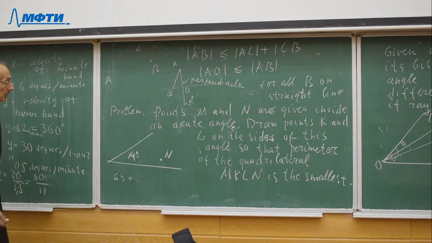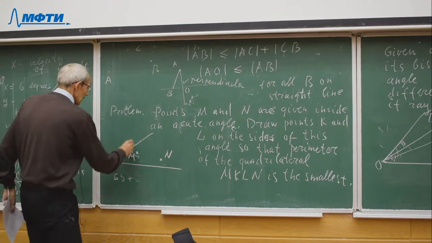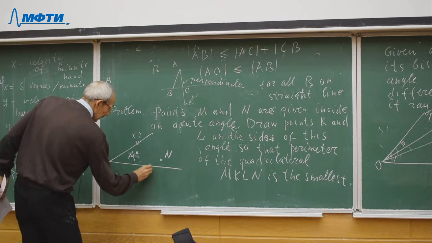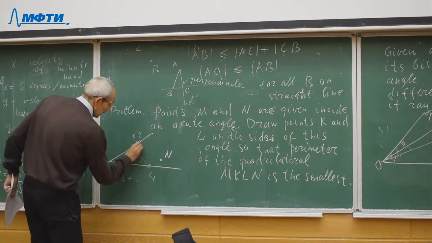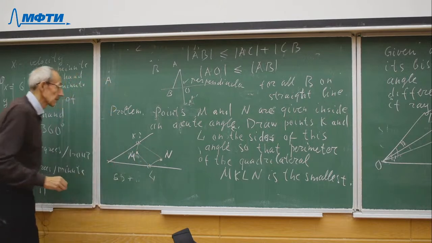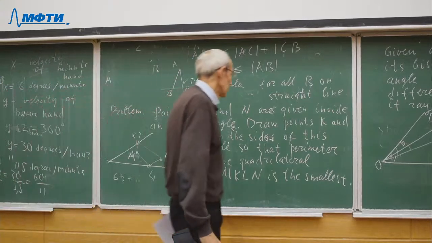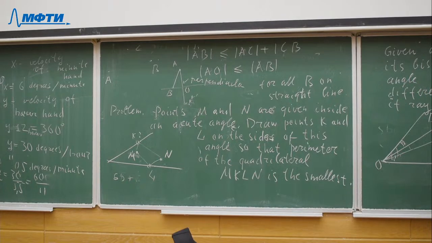We must choose the position for these points K and L such that the perimeter of this quadrilateral is minimal, is the smallest.